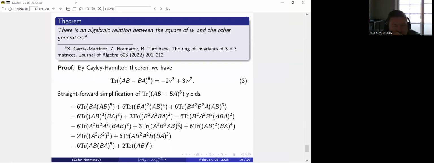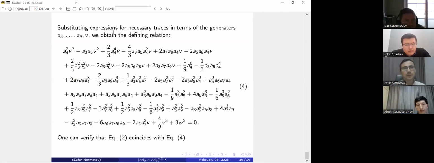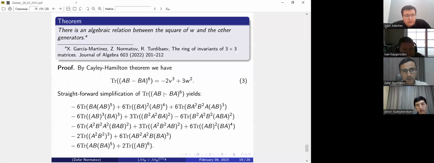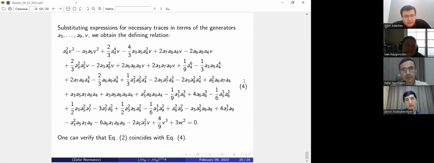И все, да? Yeah. Then substituting expressions for the necessary traces in terms of generators, we obtain the defining relation. This is the defining relation. Just by this equality from equation 3, we get this defining relation. So one can verify that equation 2 coincides with equation 4. It's not difficult to see. Just checking with the program.